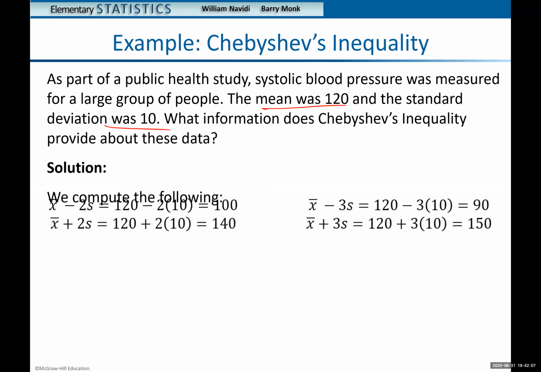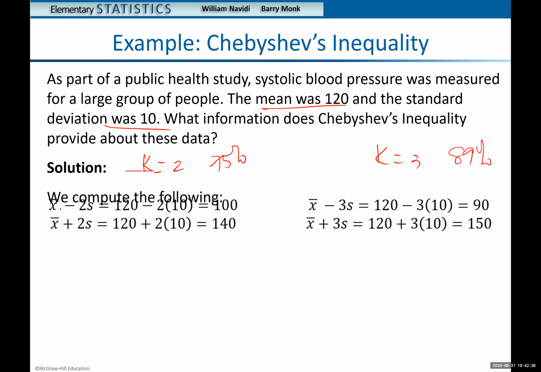So for Chebyshev's, remember we have k is equal to 2 and k is equal to 3. When k is equal to 2, we computed that it is 75%. When k is equal to 3, we computed that it is 89%. So we're going to compute standard deviations away from the mean, just like what we did for the empirical rule.